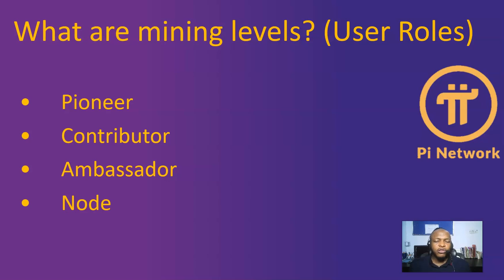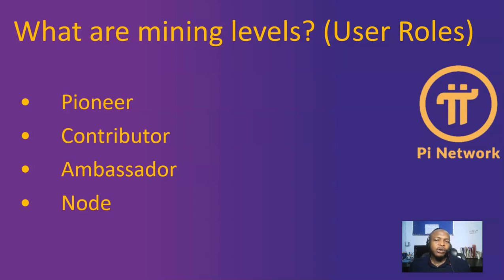Then contributors, which is another level. Contributors is when you, as a Pioneer, have completed 3 earning cycles. You have tapped on the app for like 3 times or 3 days, and you are now allowed to add people to your security circle.